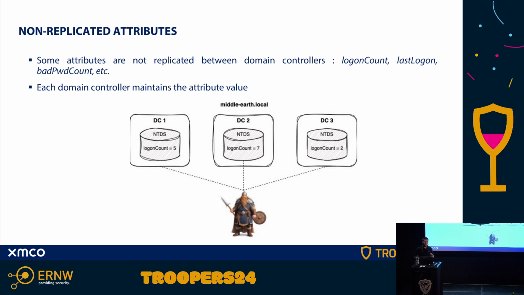So if you want to know how many times Gimli logged on to your domain, you need to get the three NTDS files and add all the logon counts together. So for those kinds of attributes, if you have only one copy of your NTDS, you cannot trust them. Usually, Microsoft documents on its website whether they are replicated or not.